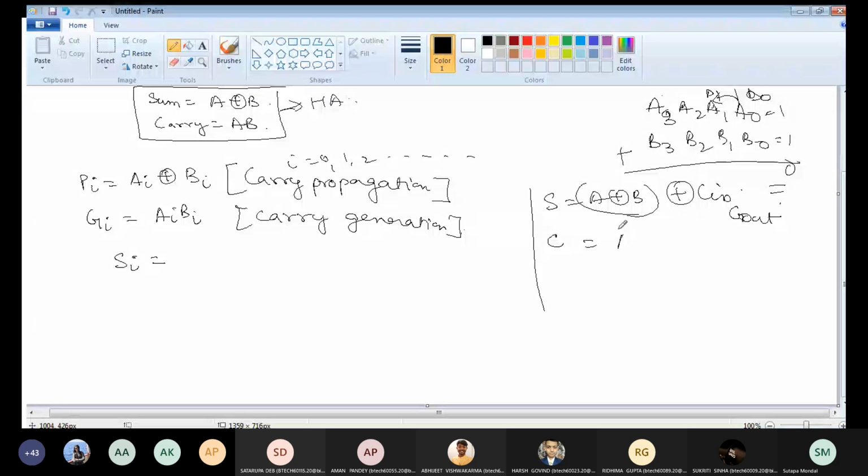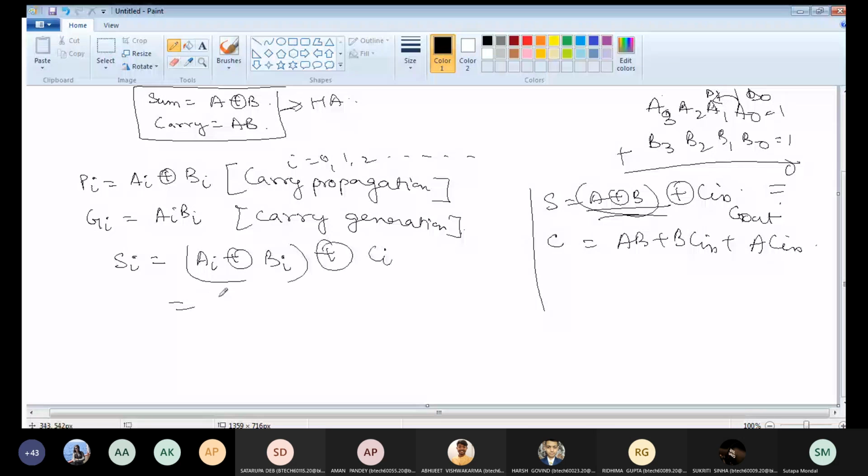So this A XOR B is your P, XOR C in, and C in is the carry input. So we will write the equation like this: Ai XOR Bi XOR Ci. So can you write like this now? Pi XOR Ci. Is it clear, everyone? This part, is it clear how we are writing?